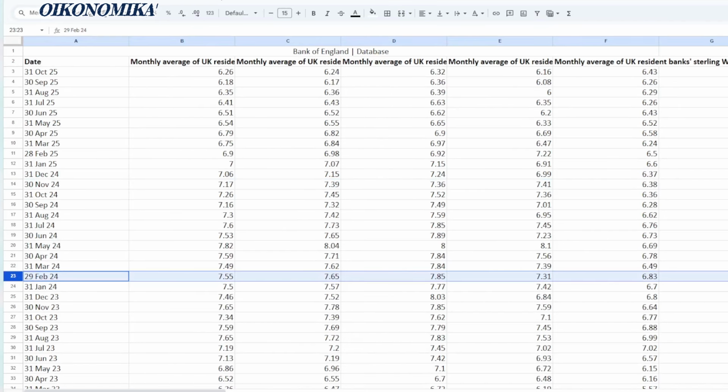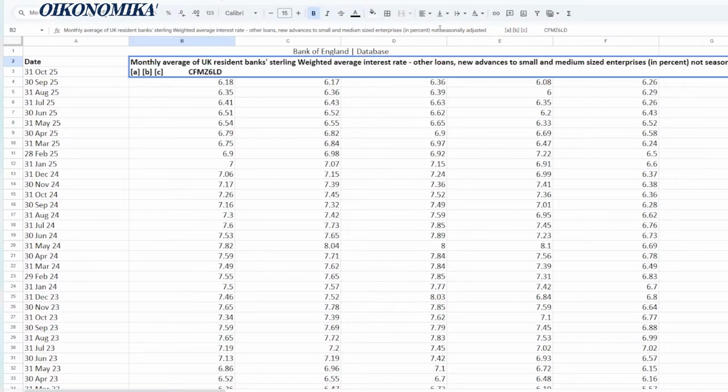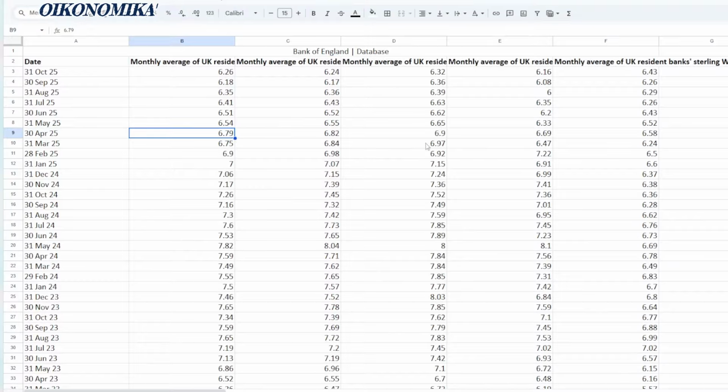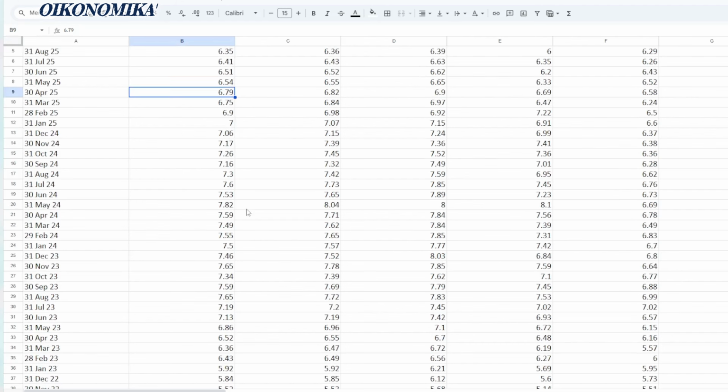So I have downloaded the monthly average of UK resident banks' sterling weighted average interest rate, new advances, so new borrowing rates for small and medium sized enterprises in percent, not seasonally adjusted. So the Bank of England needs to measure the cost of borrowing for SMEs, which is quite reasonable, right? And the financial wedge, or the financial friction, is here.